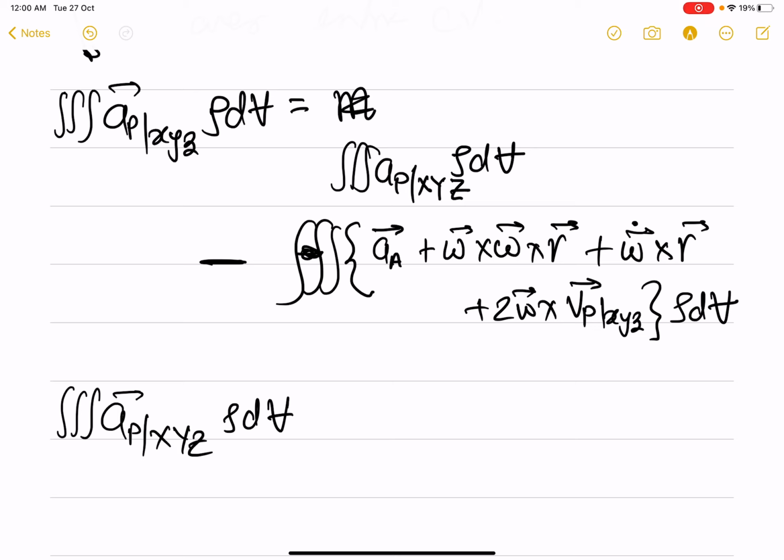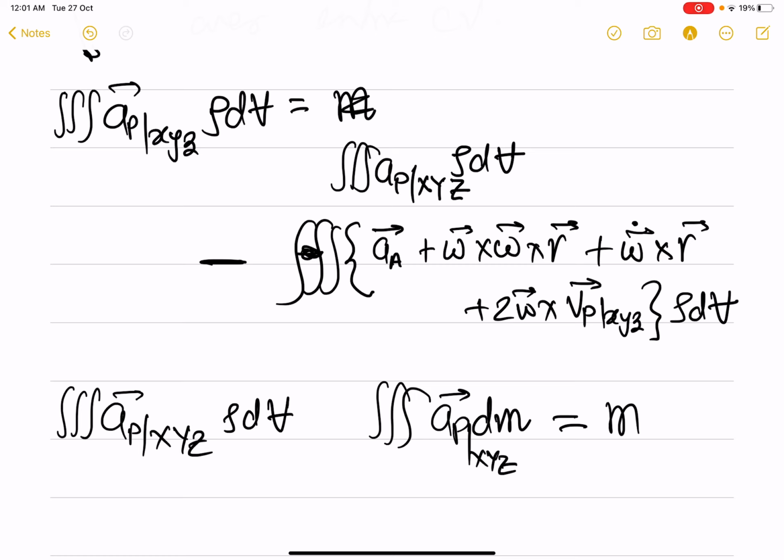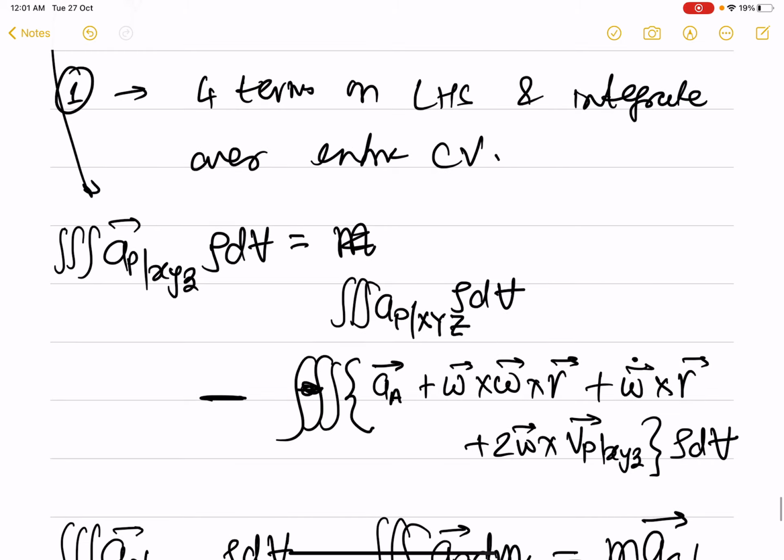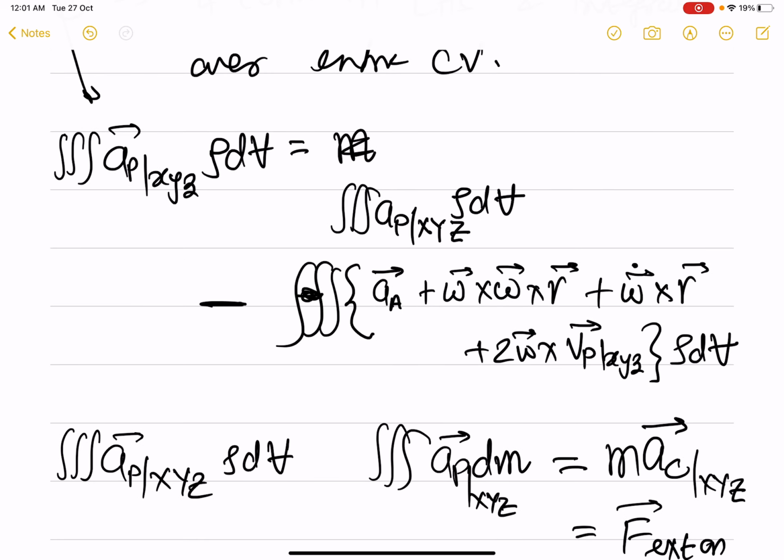This is nothing but the integral of acceleration of point P with respect to the fixed frame times dm, which is equal to mass times acceleration of the center of mass as seen from the fixed frame, and this by Newton's law is nothing but F external on the control volume. So the first of these terms becomes m times the acceleration of the center of mass of the control volume.